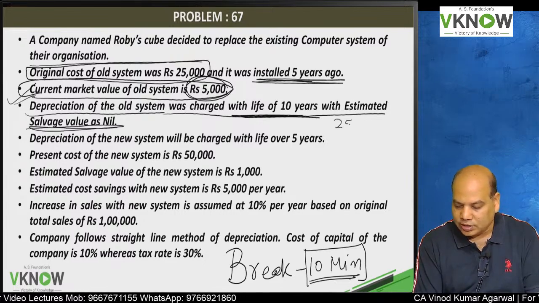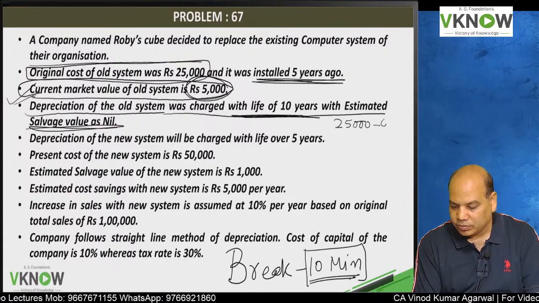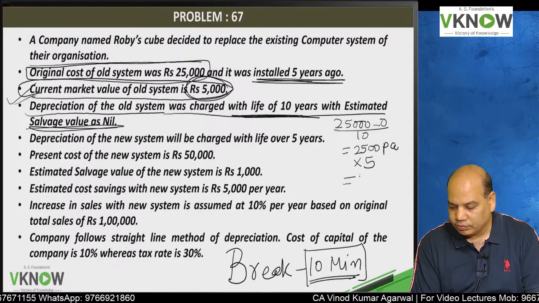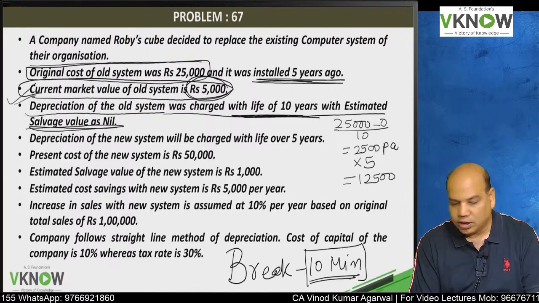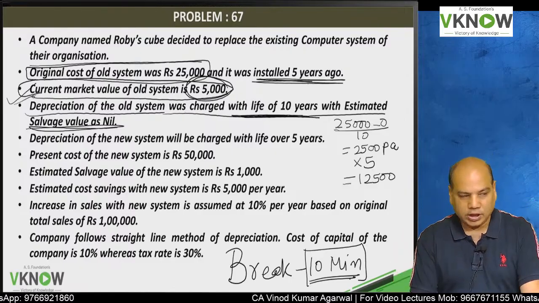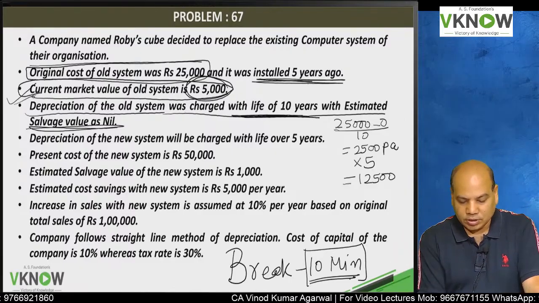So old asset they were depreciating at the rate 2,500 per annum. 5 years are over. So 12,500 has already been depreciated.